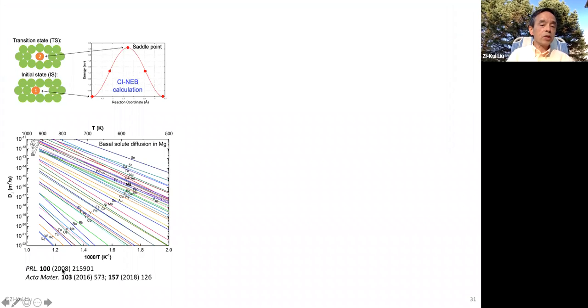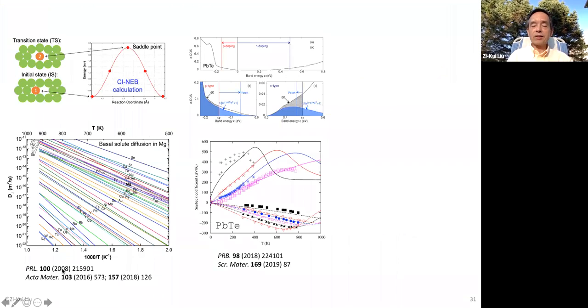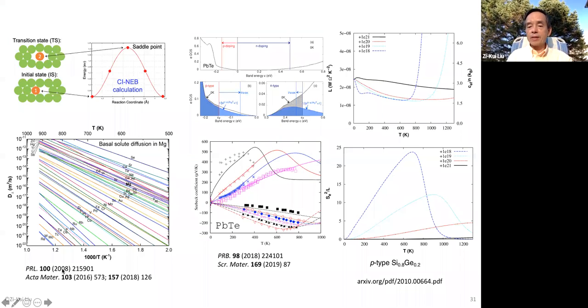Before that, most diffusivities were calculated by molecular dynamics, a kinetic process. But we can show that you can do it by thermodynamics, the energy. And this is the Seebeck coefficient for some thermoelectric materials. Another one is the Lorenz number, which is for transport, for thermal conductivity and electron conductivity, put together.